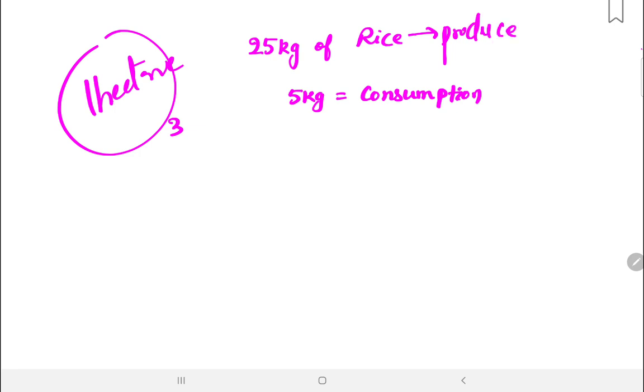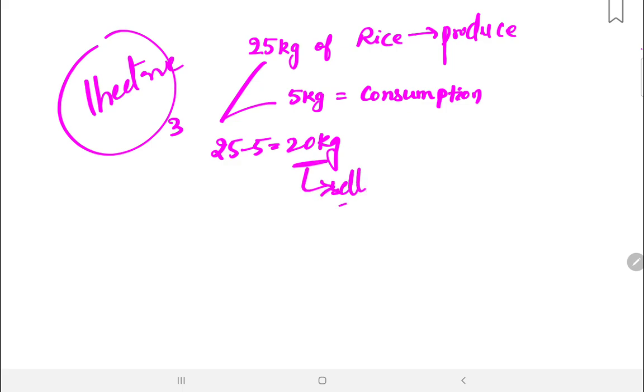So 25 minus 5 is equal to 20 kgs of rice they have extra, which they can sell in the market. This is called the surplus, which remains extra after their own consumption. This is a simple example, and now let's get back to the definition.